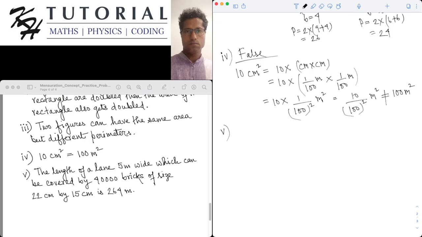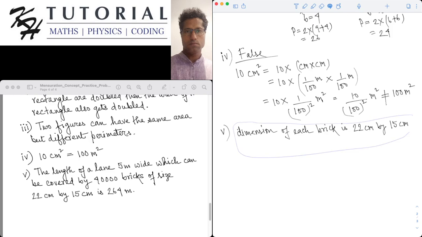Now this means that we know the dimension of each brick, which is given to be 22 centimeter by 15 centimeter.